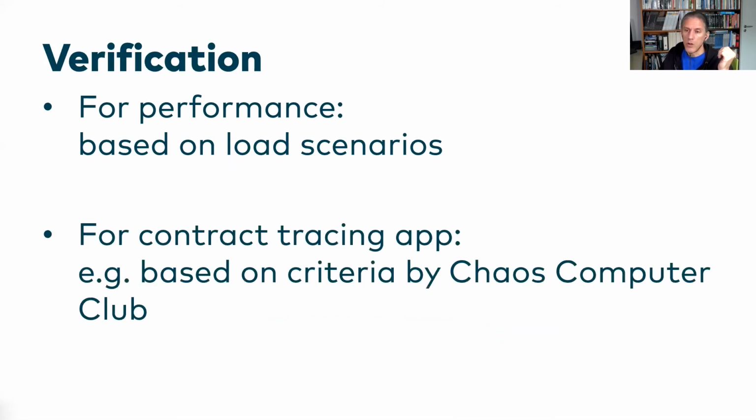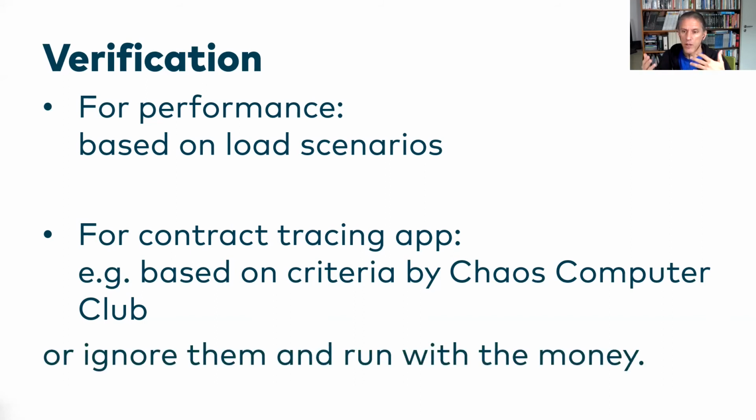If you do a contact tracing app, for example, it's probably not that easy because there are people like the Chaos Computer Club that say, well, there are certain security requirements and data privacy requirements that you could fail to implement, but maybe you are successful on a different level because you just get a lot of money because everybody's using that application nevertheless.